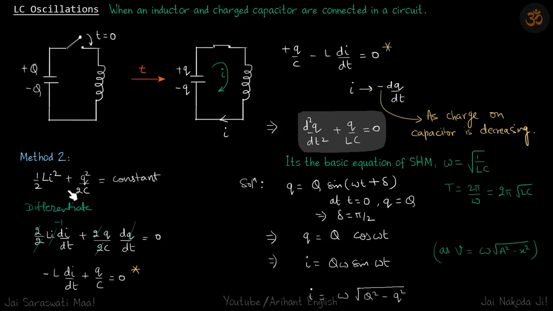If you differentiate it, you'll get this. And again, when you cancel dq by dt with I, you have to put a minus 1 here, because I is minus dq by dt. Simplify this, and you will again get the same equation which you got here, and after that the steps are the same.